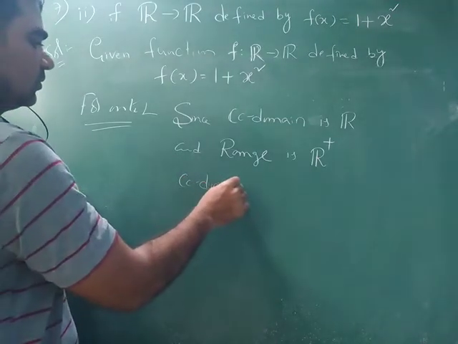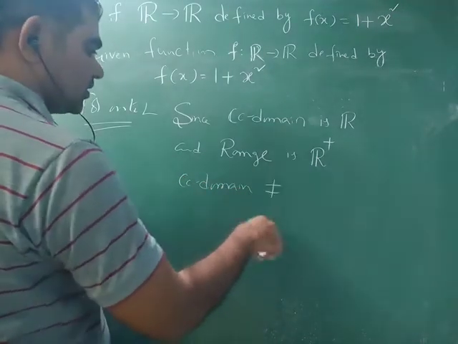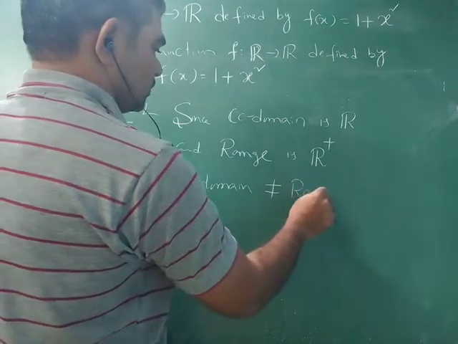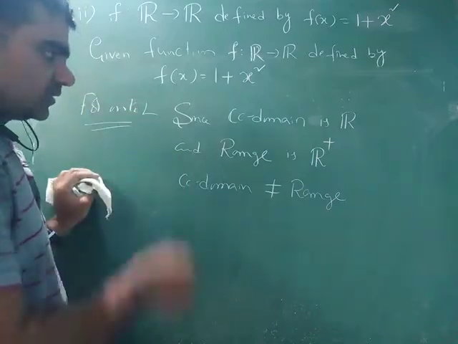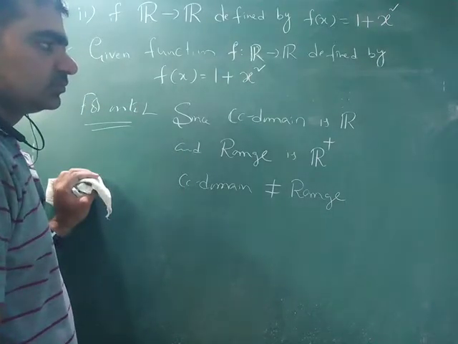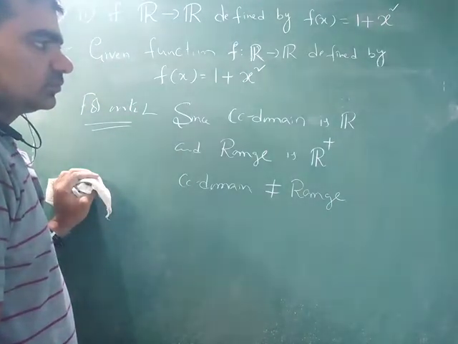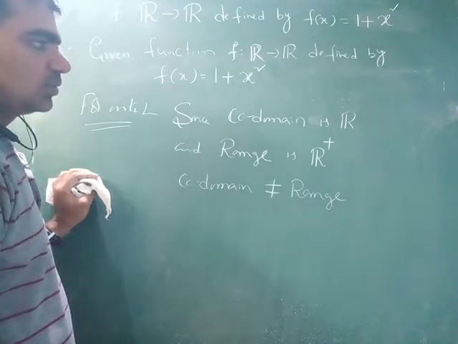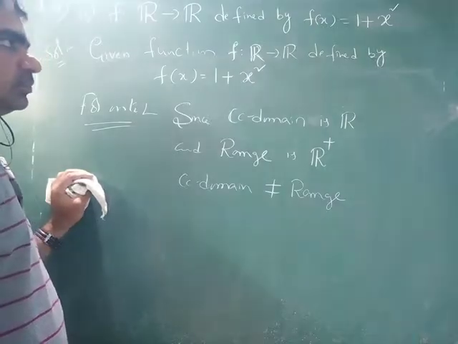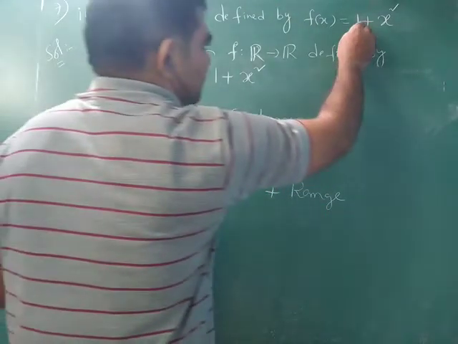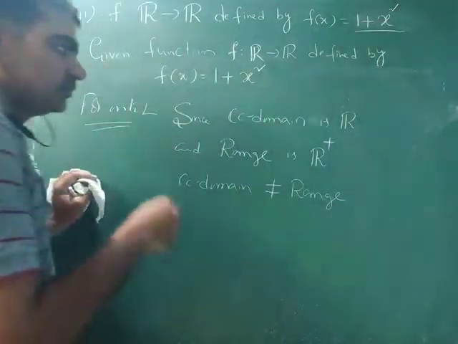Therefore, codomain is not equal to range. Root 2. That means it is always greater than 0. You can write that also.